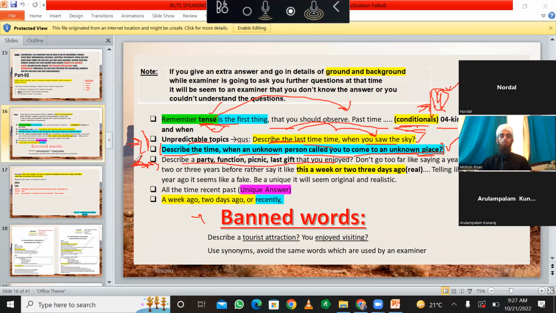Okay, so this was last week, Monday the 10th of October. That was my birthday. Actually, on that day I didn't have any plan of celebrating or doing anything to mark my birthday.